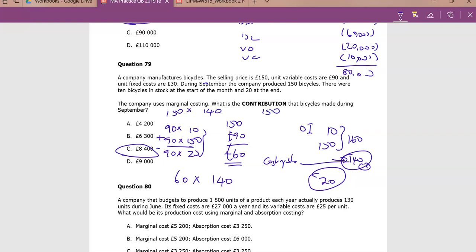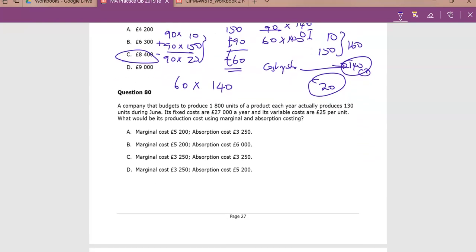So 150 times 140 minus 90 times 140 is really 60 times 140. We're at 8,400. Whatever we do, play around with the methods that you're happiest with.